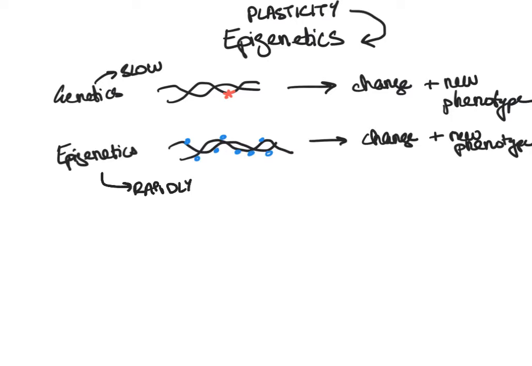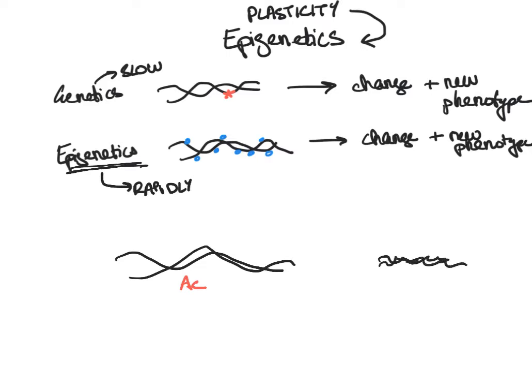And because we see such quick changes in these cells, in GBM cells, we think that it's likely driven by epigenetic changes. So one common way to think about this that we've talked about just a little bit already is DNA that is highly open is considered usually acetylated, and DNA that is very, very tightly closed, like this, is considered methylated.